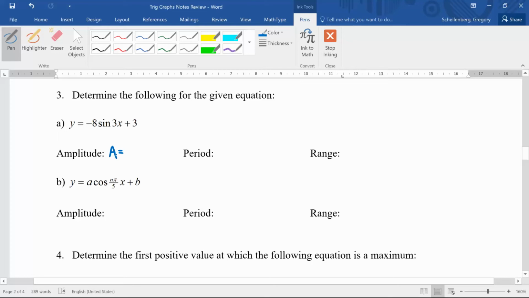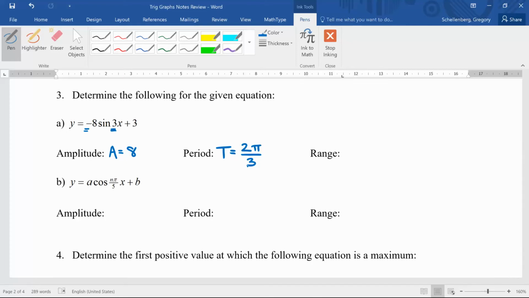All the negative is telling us here is that this graph is reflected over the x-axis. But the amplitude is just 8. Okay, the period, T, is equal to 2 pi over b, and our b value is 3. The period is 2 pi over 3.